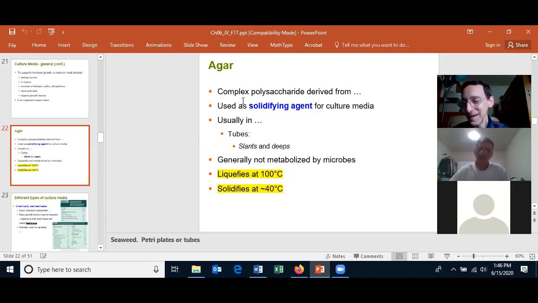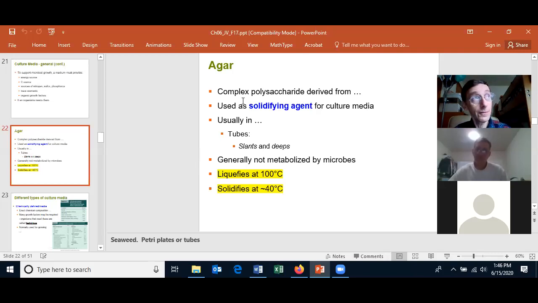And he then started using Jello, where he put Jello into his media. And the trouble is that there are microorganisms that can digest the Jello, and then he got a liquid mess because the media was no longer solid. And he didn't like that too much.